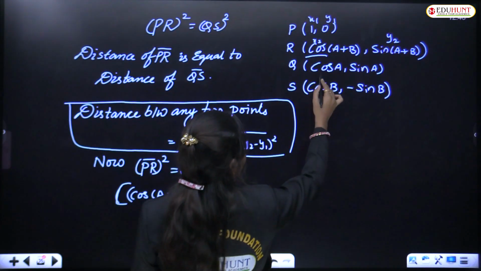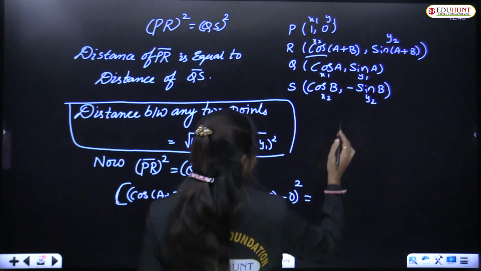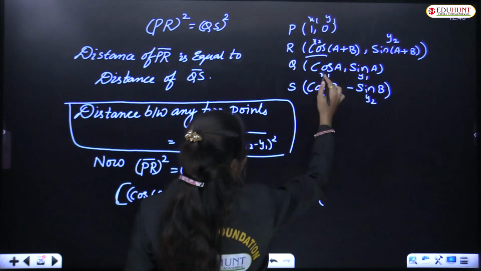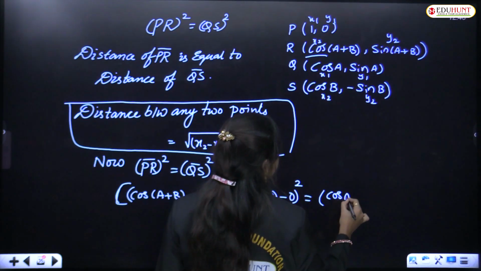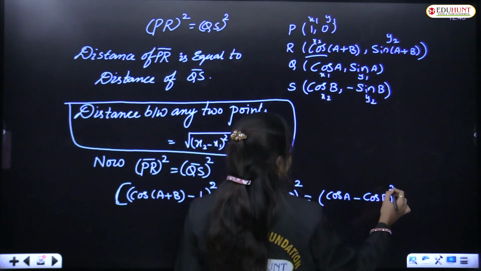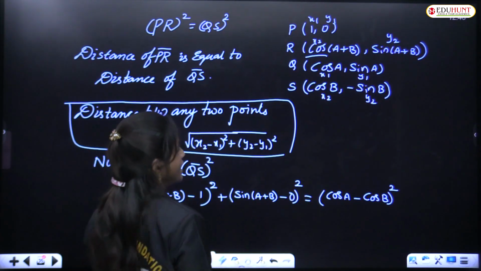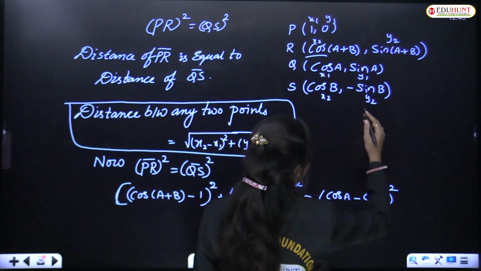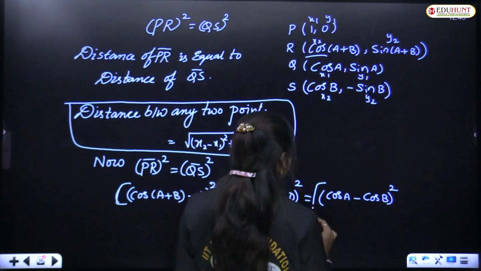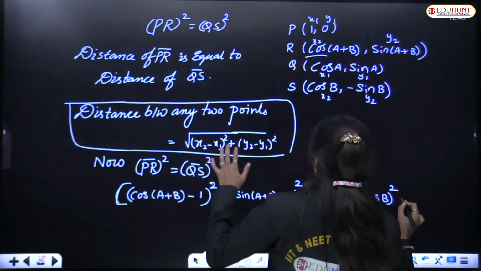Now here these two. This is again x1, this is x2, y1, y2, which is equal to x1, cos A minus cos B whole square. x2 minus x1 or x1 minus x2, anyway we can take, no? So cos A minus cos B whole square, x1 minus x2 or x2 minus x1 whole square, plus y2.